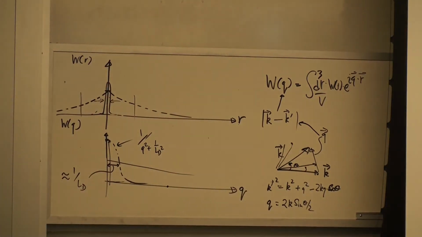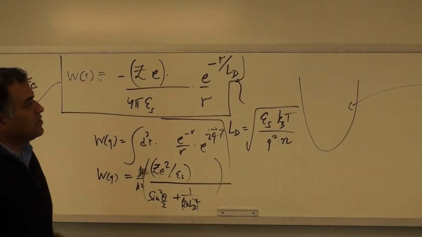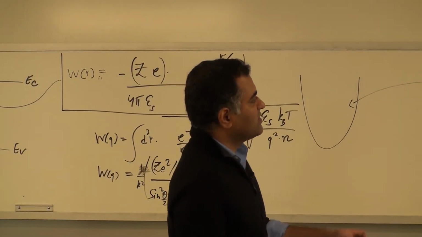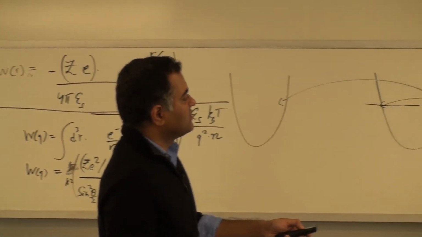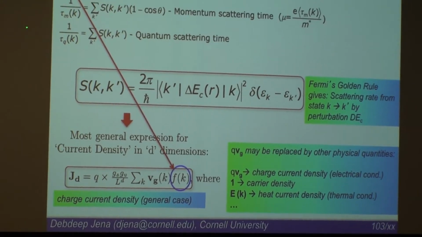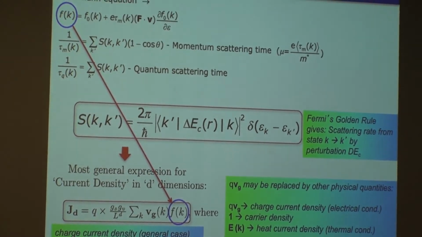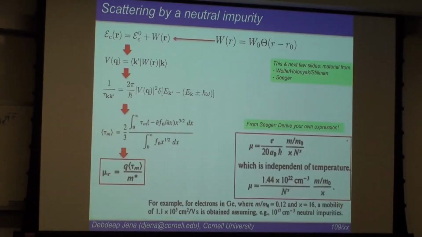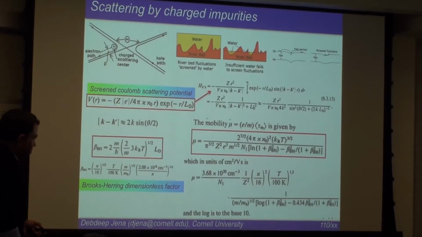And I think you can see right away that when I take this and go back and find my quantum scattering rate and classical or momentum scattering rate, there's a large sine theta factor sitting out there because of the scattering rate here, right? And therefore, the momentum scattering rate will be quite different from the quantum scattering rate for this particular scattering event. And that's also experimentally very much measurable, and people have measured it.